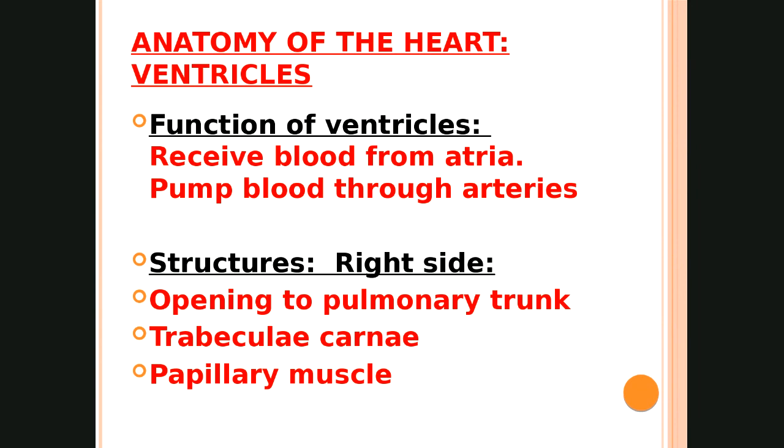On the right side, when the right ventricle contracts, it's going to pump blood to the pulmonary trunk. Another feature of the ventricles are these huge ridges of muscle. The equivalent of the pectinated muscle in the atria is called trabeculae carneae in the ventricle. The ventricles also have these finger-like muscle projections called papillary muscle.